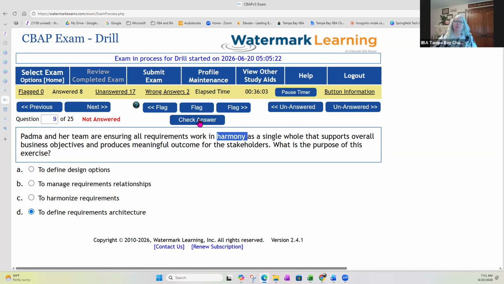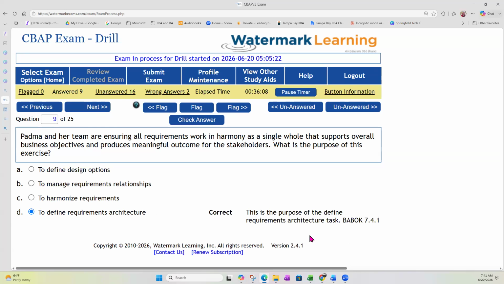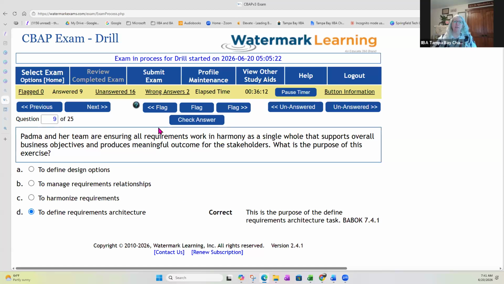Let's test D and see what we get. Wow. Okay, so the purpose of the define requirements architecture task, which is what we were talking about here, is to define requirements architecture. So define requirements architecture is to ensure that the requirements collectively support one another to fully achieve the objectives, which in that case, can produce the meaningful outcome for the stakeholders.